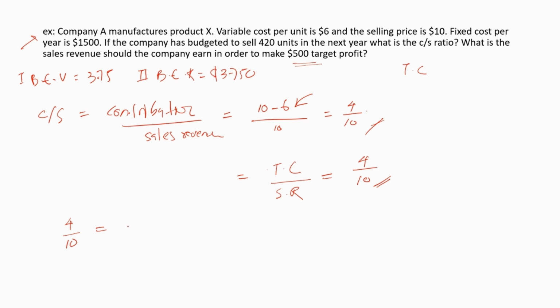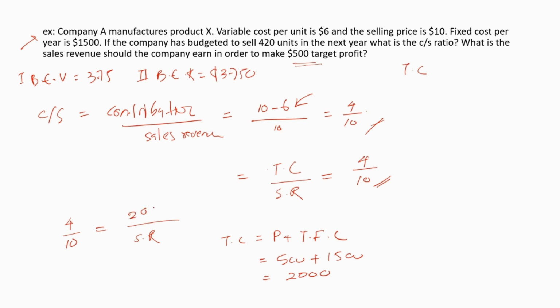So they are asking for the sales revenue, and we can calculate the contribution. Total contribution is equal to profit plus total fixed cost. The profit is given as $500. The total fixed cost is 1500.